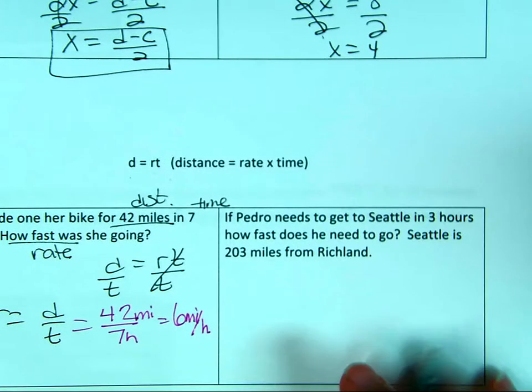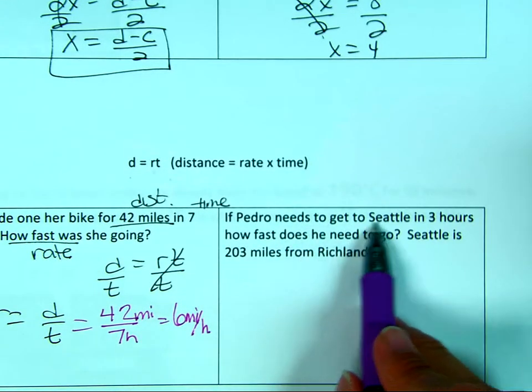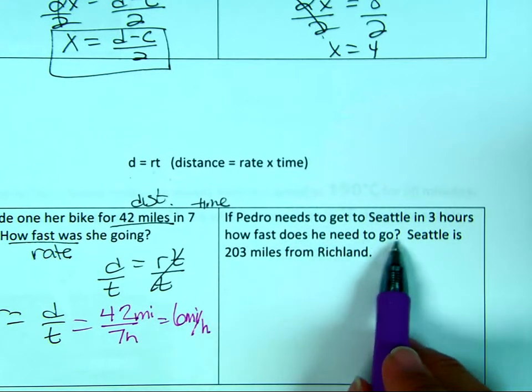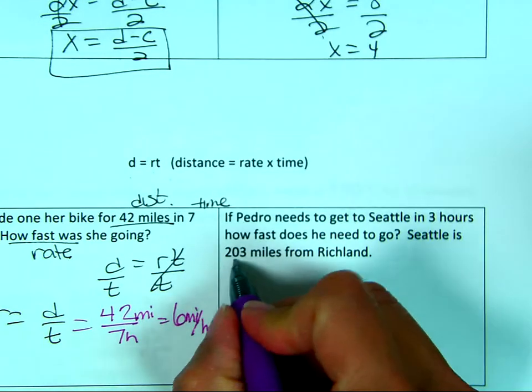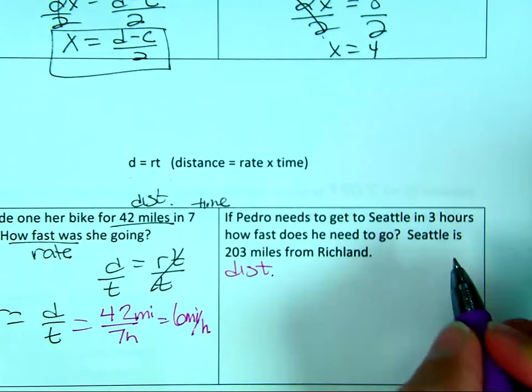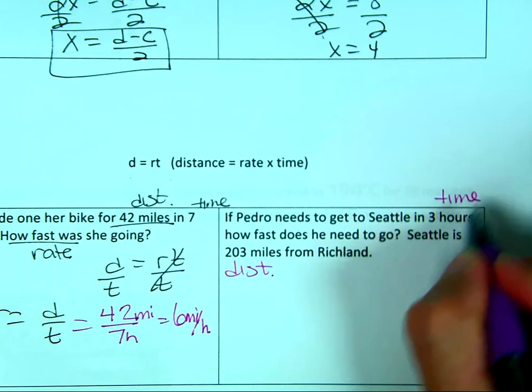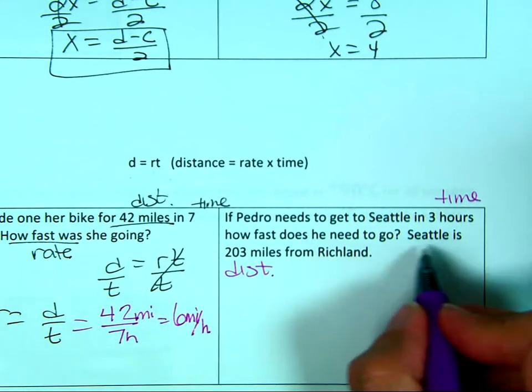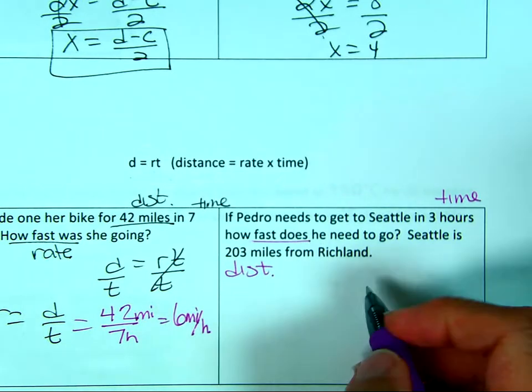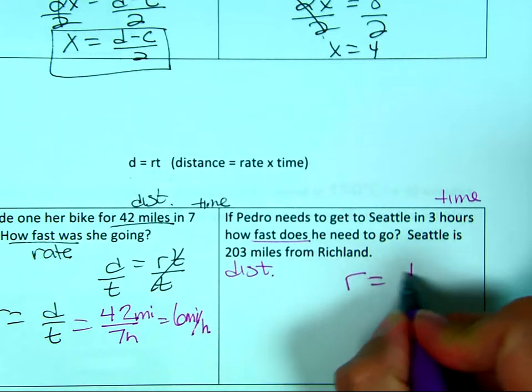Alrighty, how about this one? If Pedro needs to get to Seattle in 3 hours, how fast does he need to go? Seattle is 203 miles from Richland. Well, here's my distance. Here's my time. I need to know my rate, so I need to solve for rate. We just did that. It says how fast, that's rate. So rate equals distance divided by time.